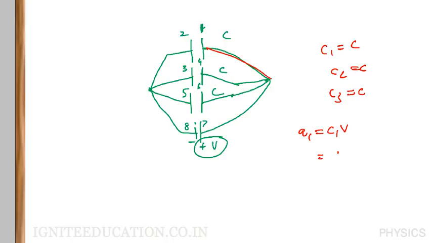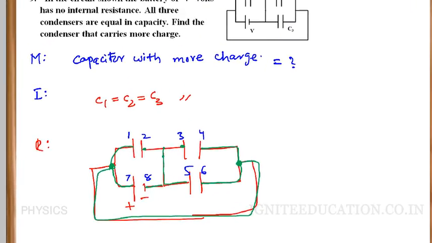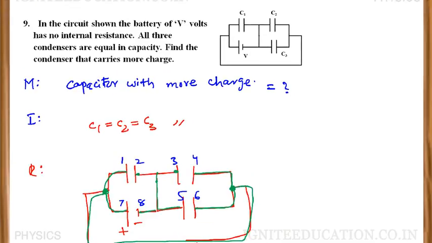So Q1 is equal to CV, as well as Q2 is equal to CV, Q3 is equal to CV. That means no capacitor has more charge than the remaining two. So the capacitor with more charge, we can't say, because all three capacitors are having the same charge. So Q1 is equal to Q2 is equal to Q3.